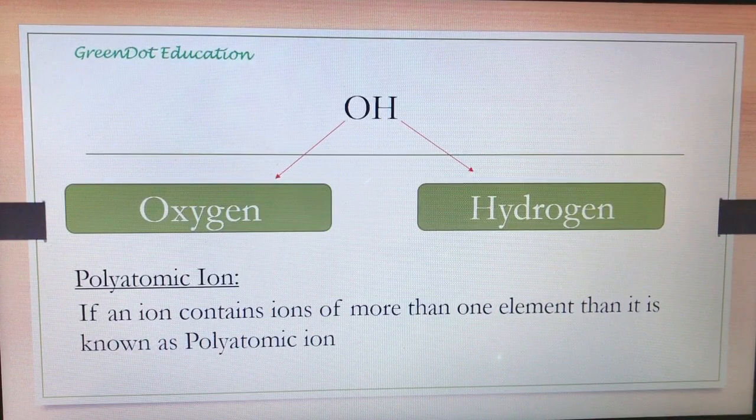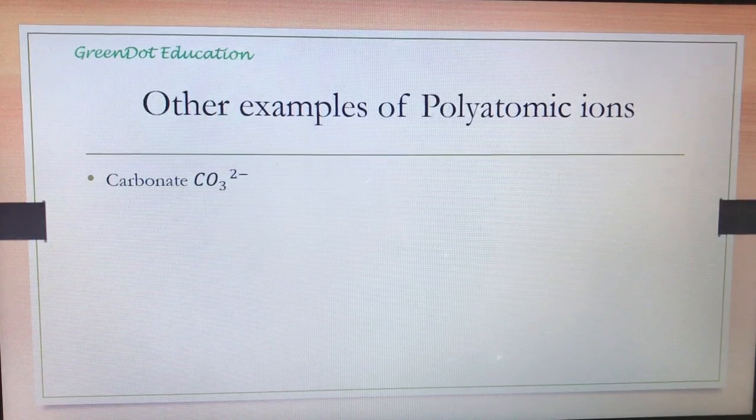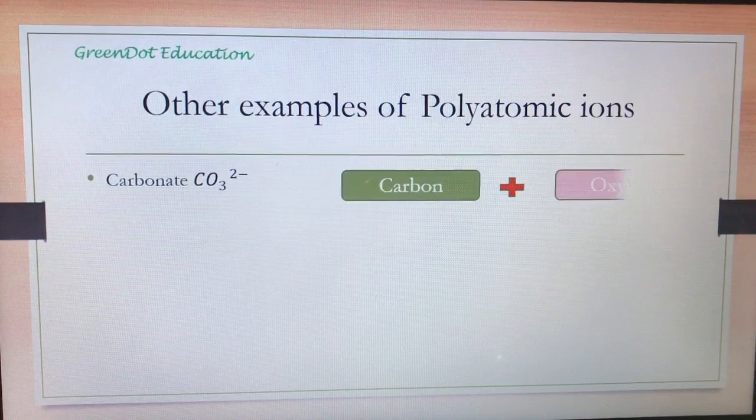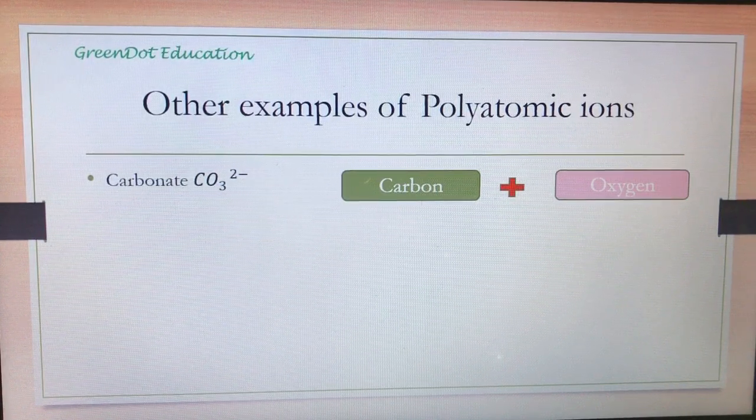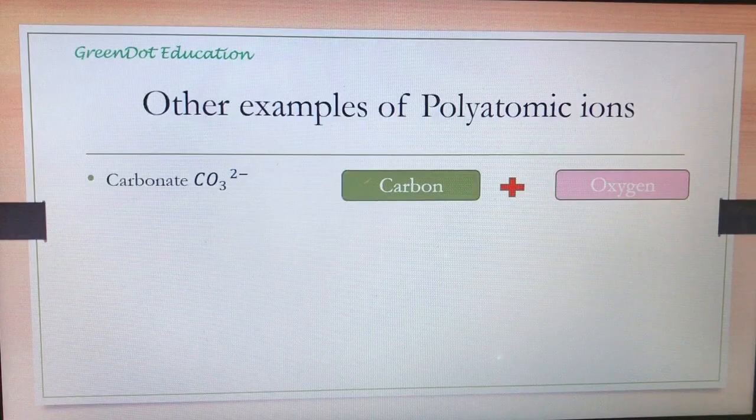Some more examples of polyatomic ions: first we take carbonate. Carbonate is a composition of two elements, carbon and oxygen. Here one atom of carbon combines with 3 atoms of oxygen to give the carbonate ion, which has a negative 2 charge or 2 valency.